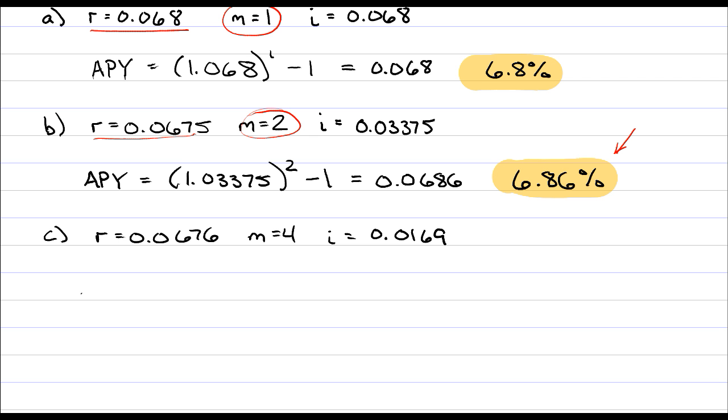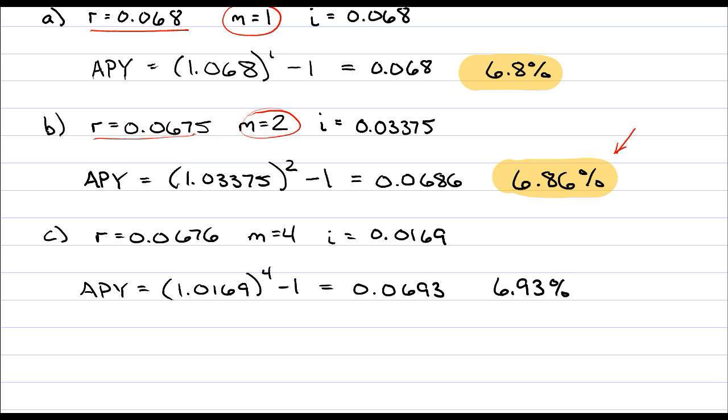So my APY is going to be 1.0169 raised to 4, minus 1. I plug that into my calculator, and I get 0.0693. So my APY in this case, in other words, my effective annual rate of interest, is 6.93%.